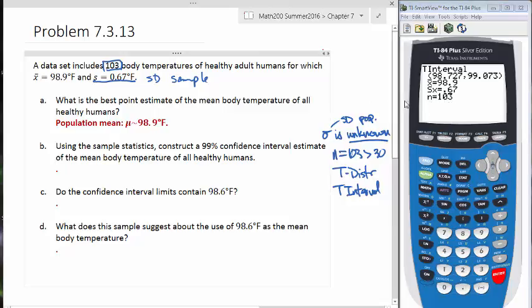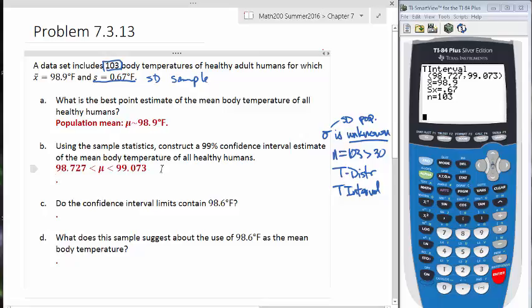So we have our results here in parentheses. We will write this using the inequality notation. We'll start off by writing the first number, 98.727, and then a less than sign. Then we're going to type mu, and another less than sign, and then a second number, 99.073.